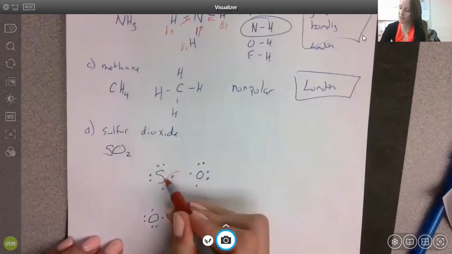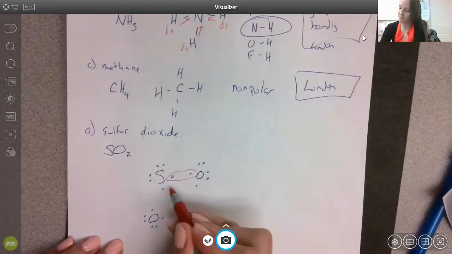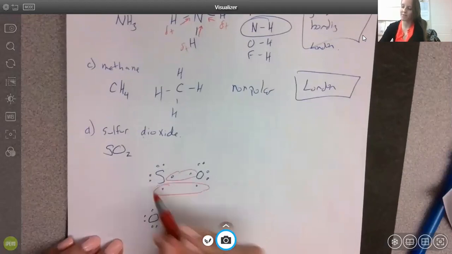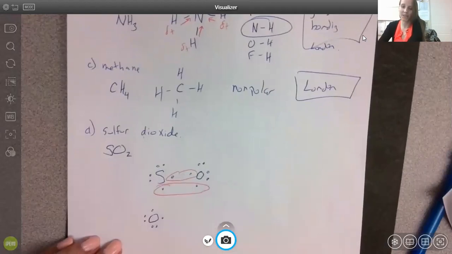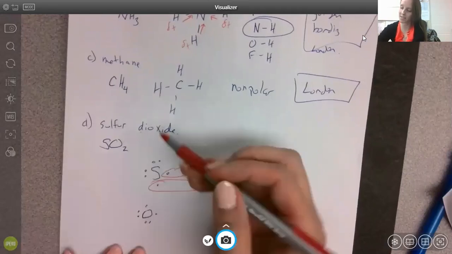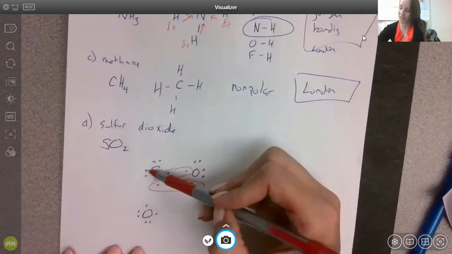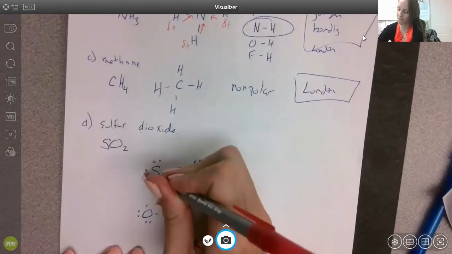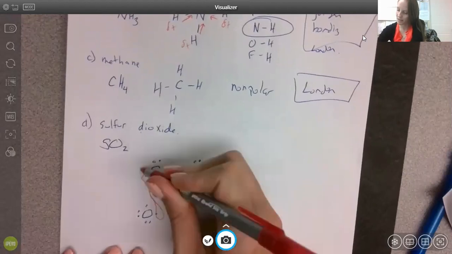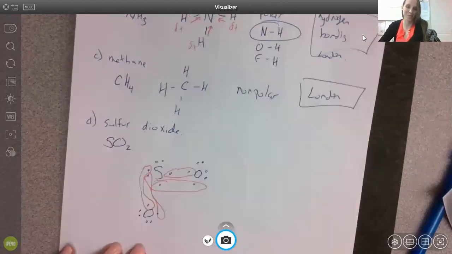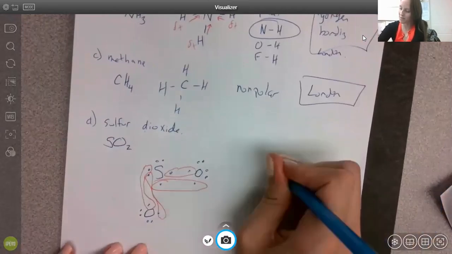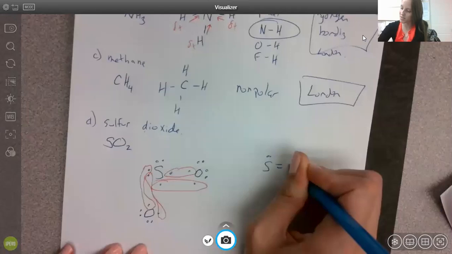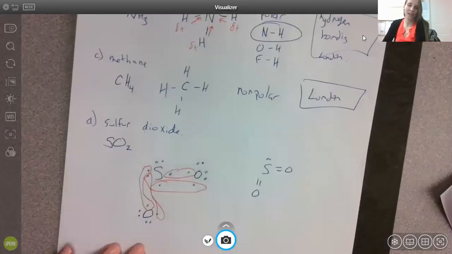I'm going to make sure that all of my lone electrons on the sulfur are bonded with something, so I've bonded them to that oxygen. Now I have this oxygen that needs two bonding sites, so I will take these two electrons and separate them into two different bonding sites like so. So I end up with a sulfur double bonded to two different oxygens.